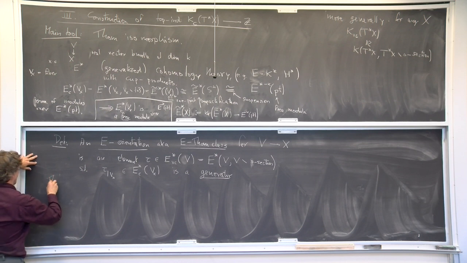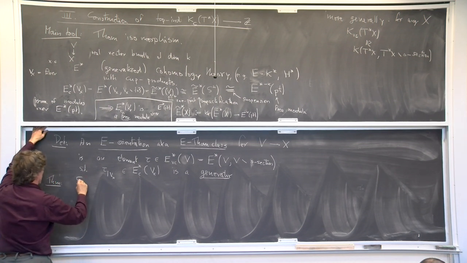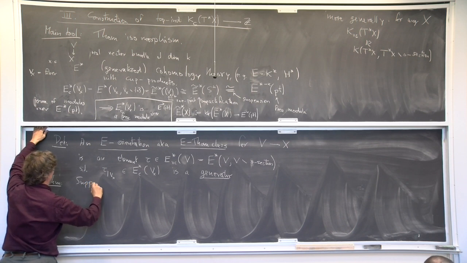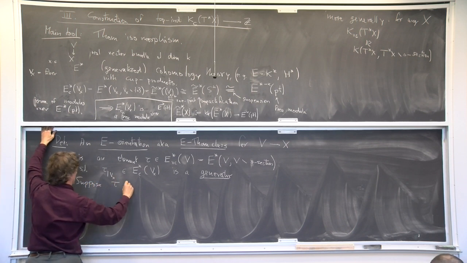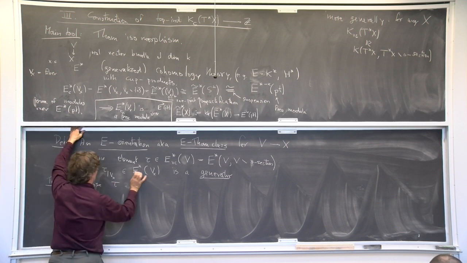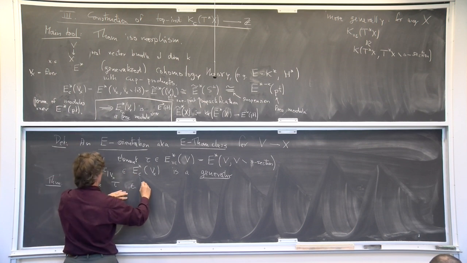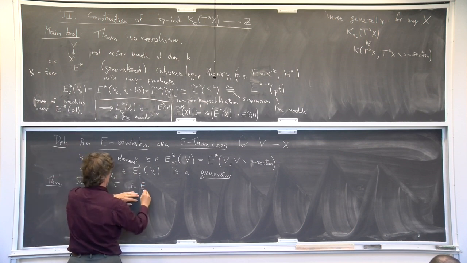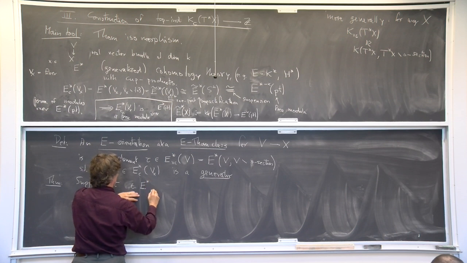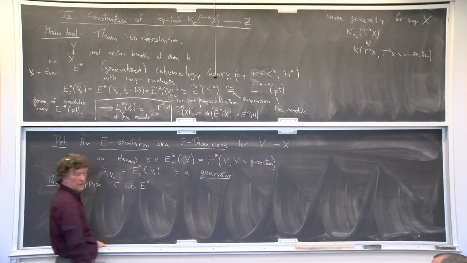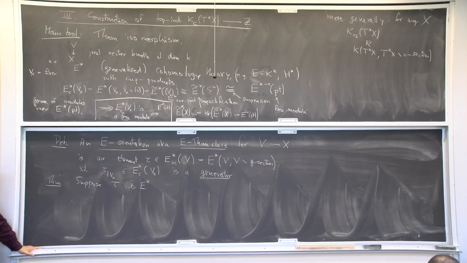That's an important theorem. So suppose tau is, let's say it lives in E n. So we concluded that we had a free module, but we didn't conclude that it was dimension 1.